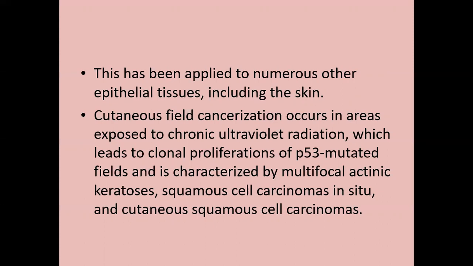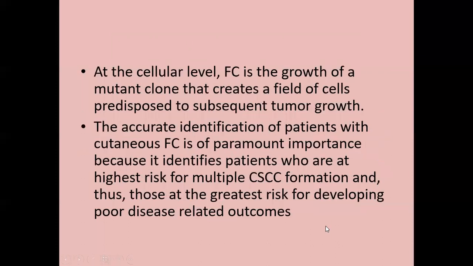And the ultraviolet radiation leads to the clonal proliferation of p53 mutated cells in the field. And these mutated cells result in formation of multifocal or multiple actinic keratoses, squamous cell carcinomas in situ, and later frank cutaneous squamous cell carcinomas.